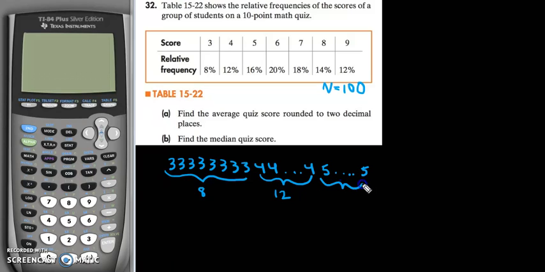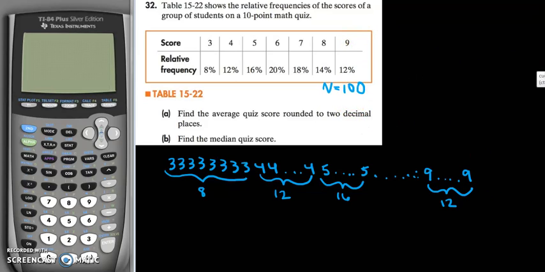And 16 people got a 5. So notice, even if I did try to add up this list, it's a list of 100 things. I don't know about you, but if we can avoid typing 100 things into the calculator, it would be nice. And I just dot, dot, dot to the end here. So then there'd be 12 people at the end who got 9s, for a total of 100 people.